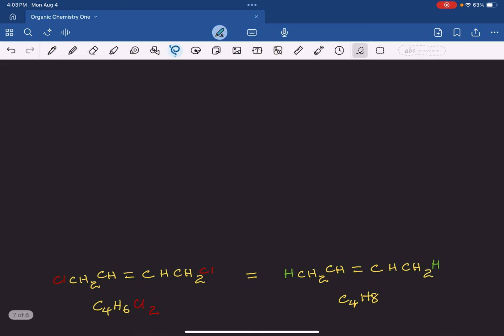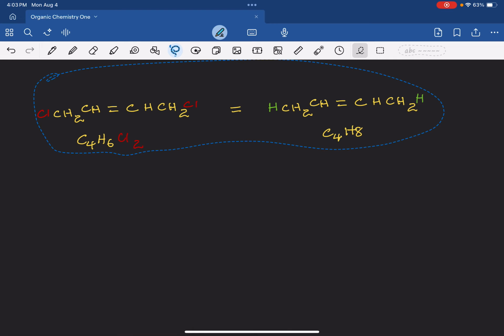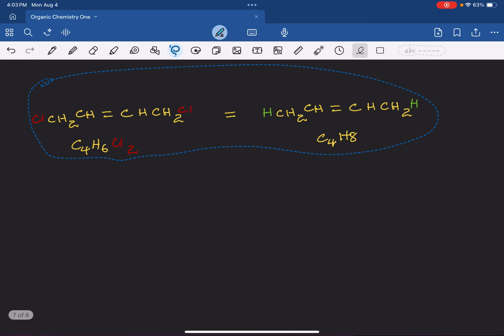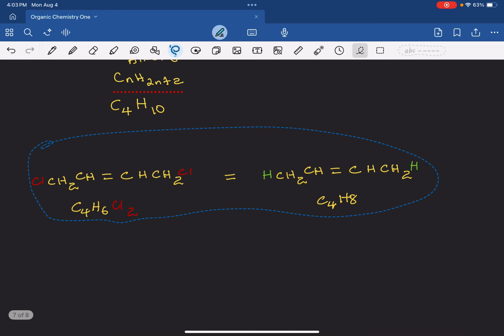So in order for you to get the correct value, you have to account for the fact that the halogen replaces the hydrogen. So let's take a quick look, and then I'll do another example. This is why you have to add. And honestly, if you don't remember the reasoning, that's fine. What you need to remember is that for halogen, you add.